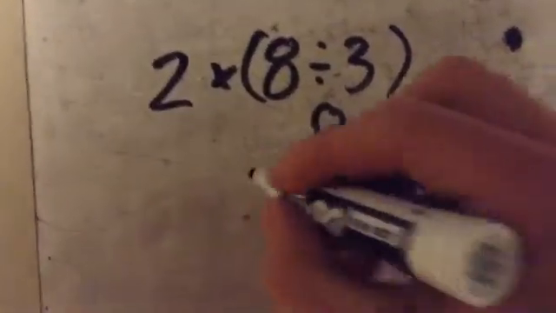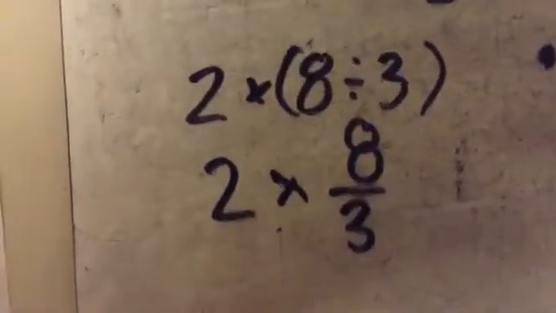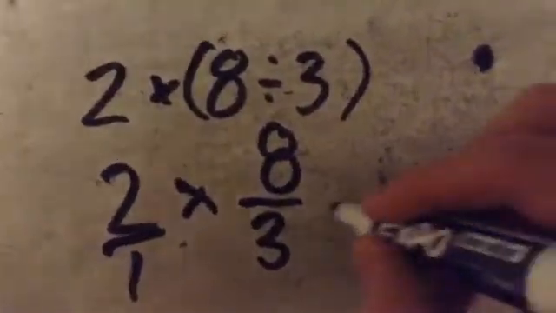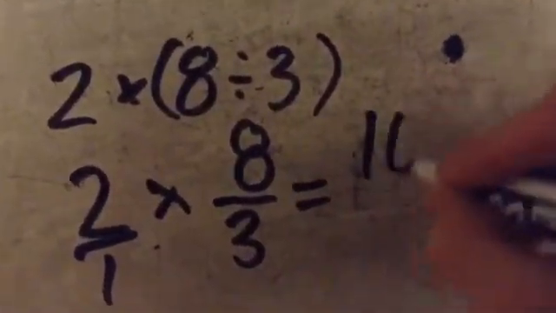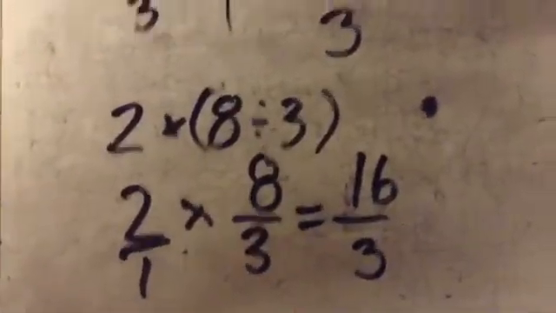Now, after following order of operations, 2 times 8/3, 2 over 1, can't cross cancel anything, 2 times 8 is 16, 1 times 3 is 3, I get 16 over 3, so my first example matches the second example.